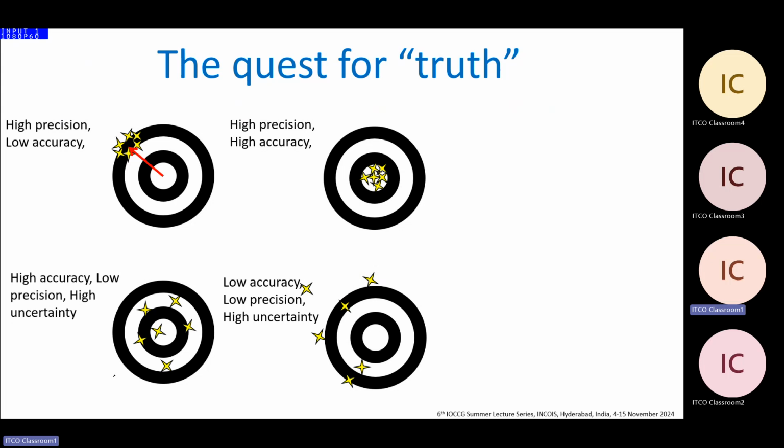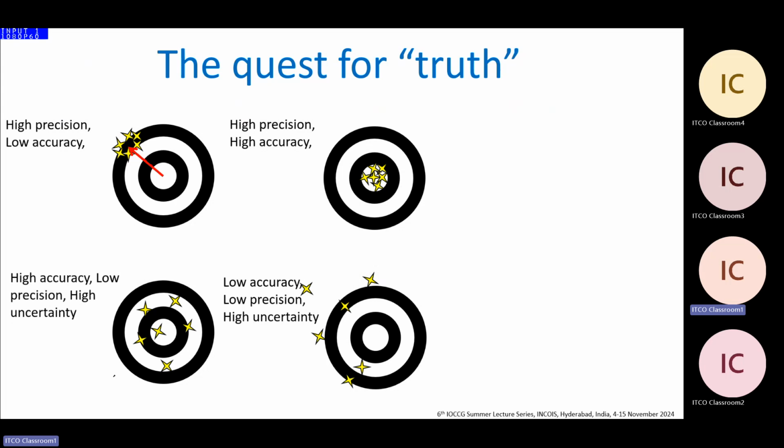If you move to the top left, you are still quite precise, because all your tries are in the same place, but you're completely off the real value, so you have a low accuracy. If you go down to the bottom left, you now have a low precision, because you end up at very different places on the target.